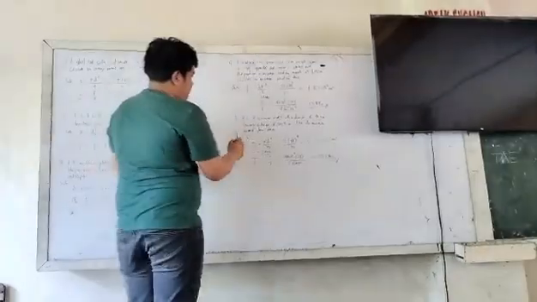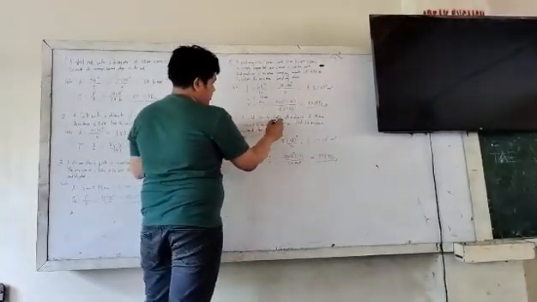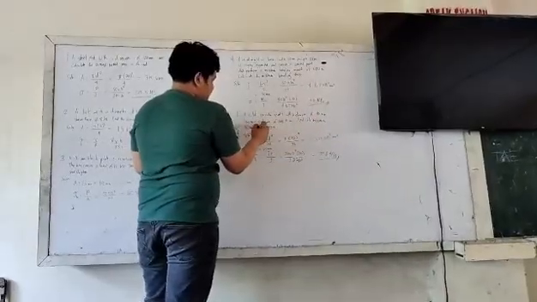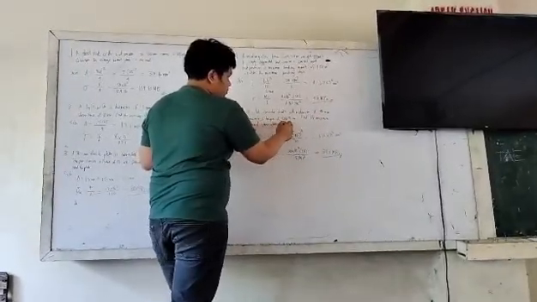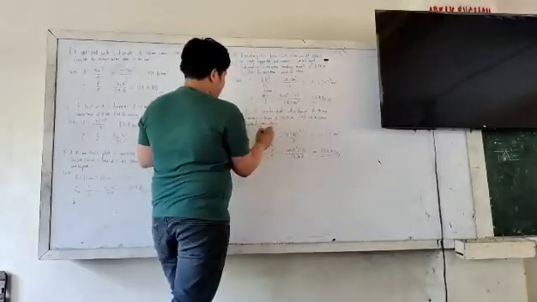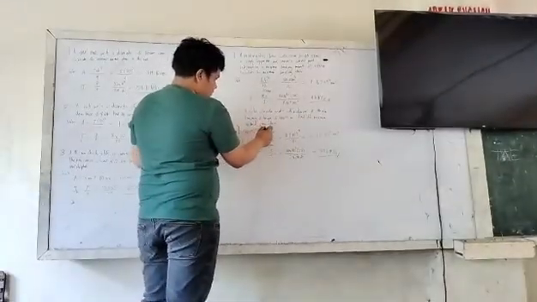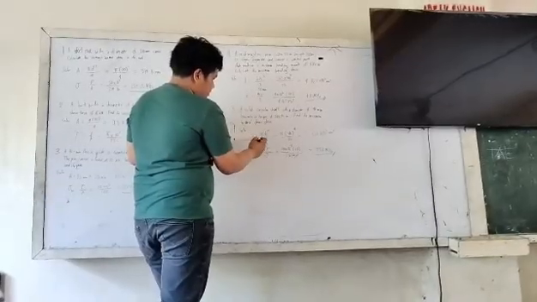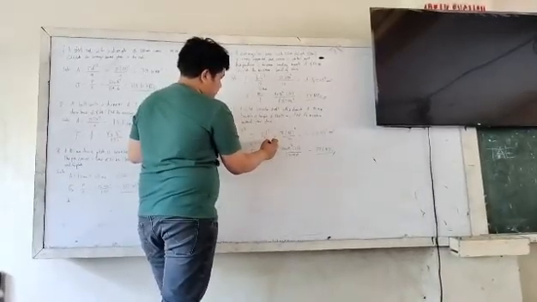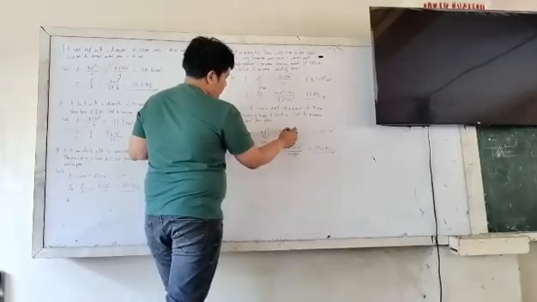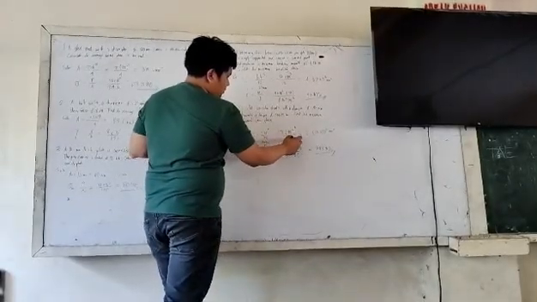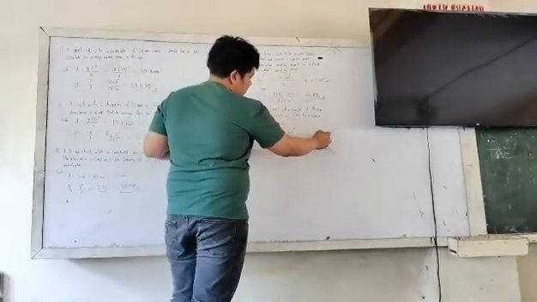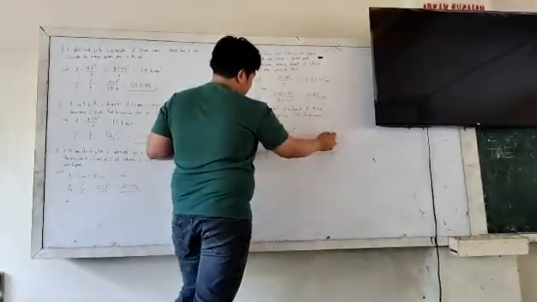So last we have a solid circular shaft with a diameter of 40 mm that's subjected to a torque of 500 newton meter. Find the maximum torsional stress. So we have solution: for the polar moment of inertia J is equal to pi d to the fourth over 32, pi 40 to the fourth over 32 is equal to 0.2513 times 10 to the 6 millimeter to the fourth.